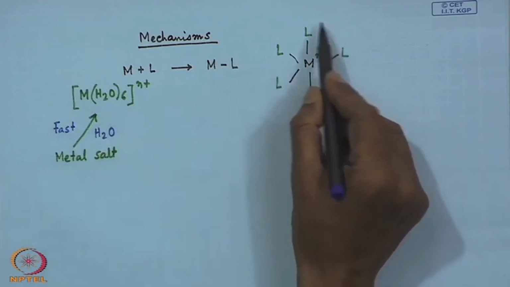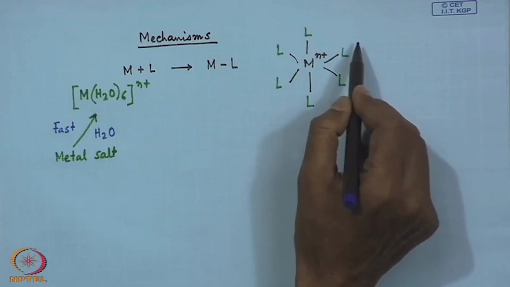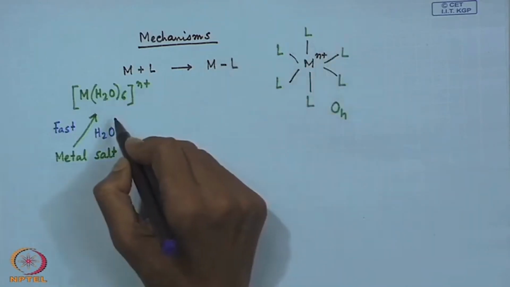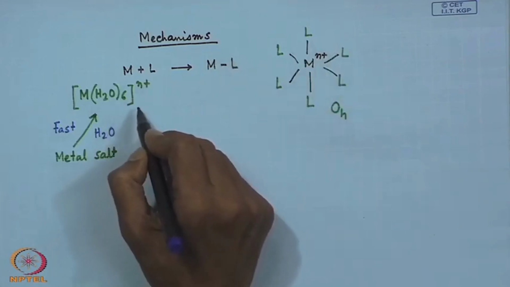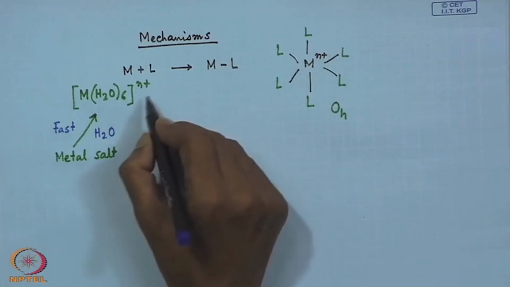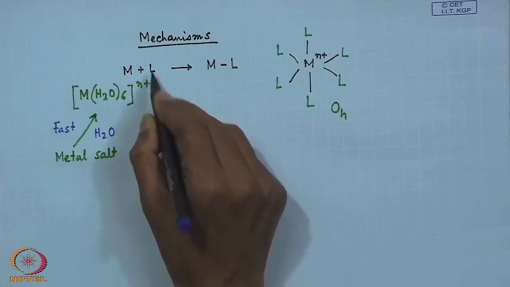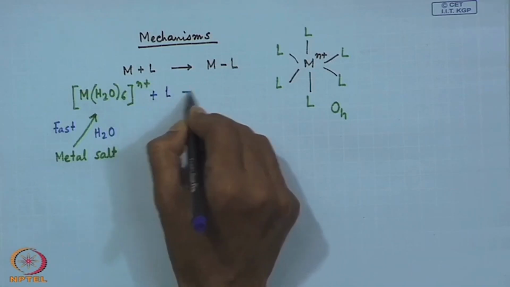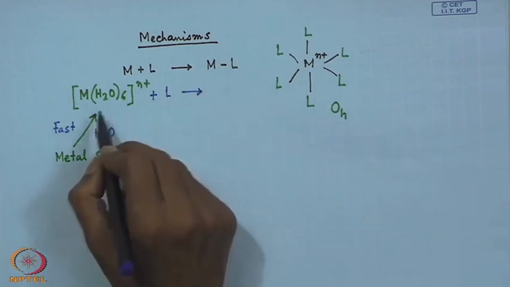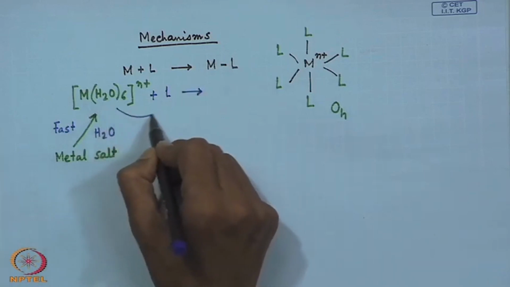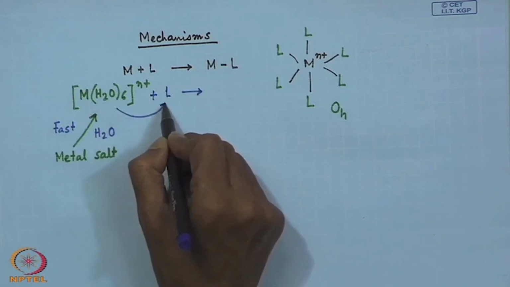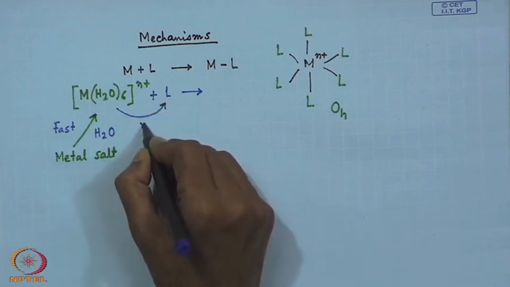But when we get some different metal complex apart from this hexaaqua compound, which is always present in aqueous solution, we use these ligands. So this L is given, and one after another all 6 water molecules will be replaced by these L groups.